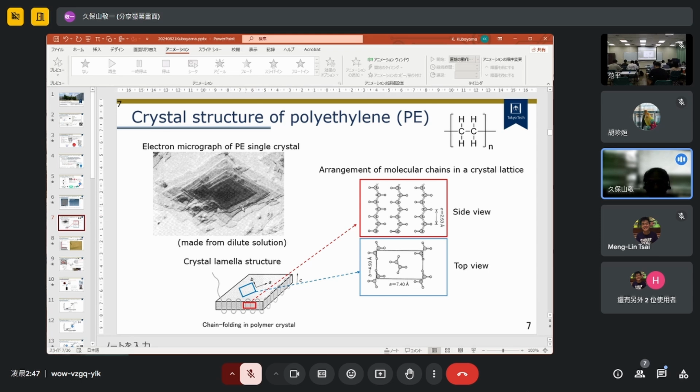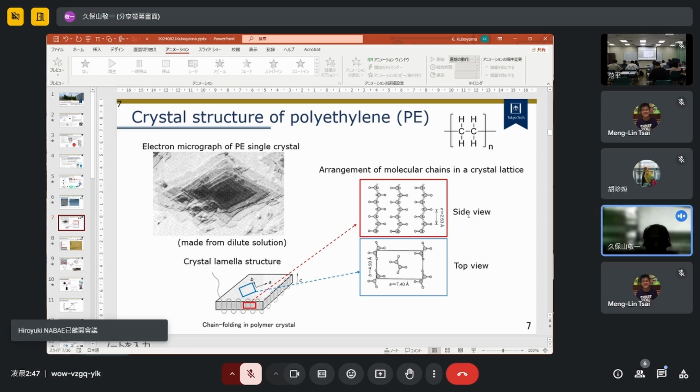From this sample, the crystal structure was analyzed. This is the crystal lamella structure. In the lamella structure, chain folding occurs, and the chains are packed against each other regularly and form the crystal. This is a side view of the lamella, and this is a top view.